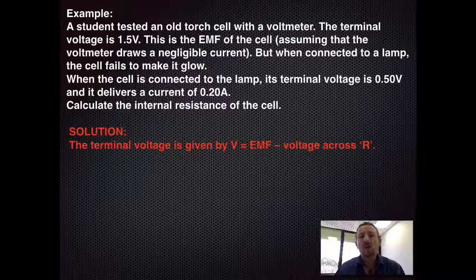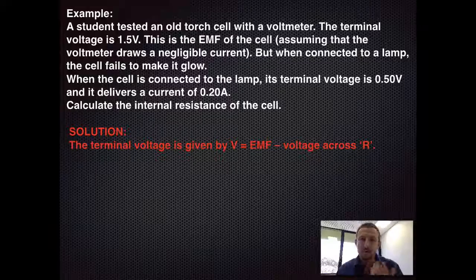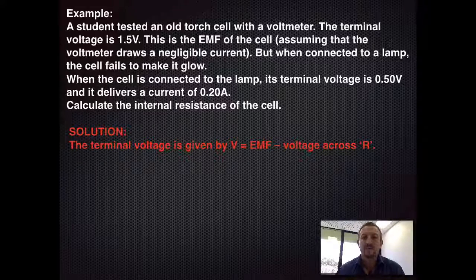So let's have a look at it. We know the terminal voltage is given by V equals EMF minus the voltage across the internal resistance. Now the EMF is the push that the chemical has inside the battery. We know that to be 1.5 volts. However, we've got a voltage across the internal resistance of the battery. Well, this is calculated by IR.